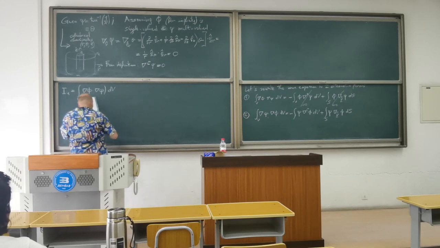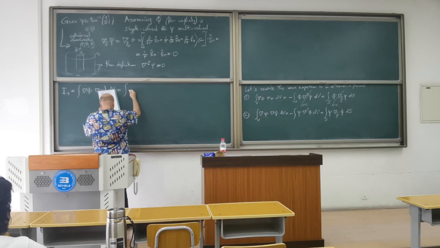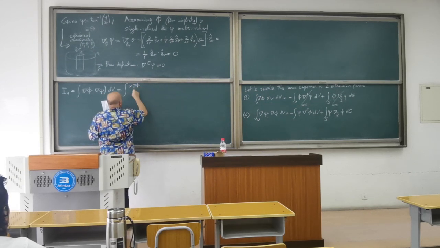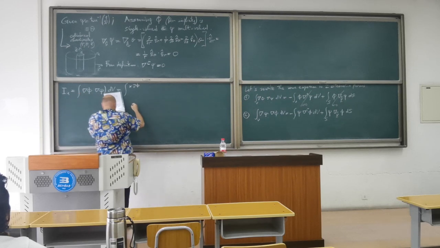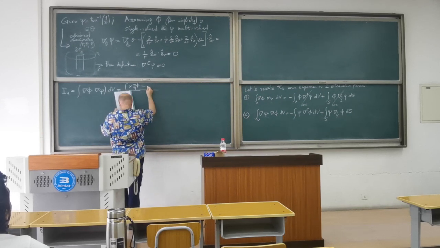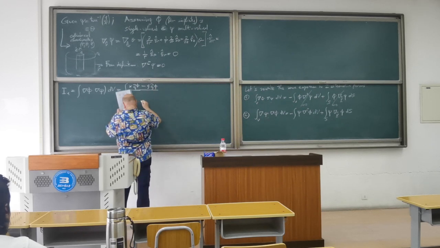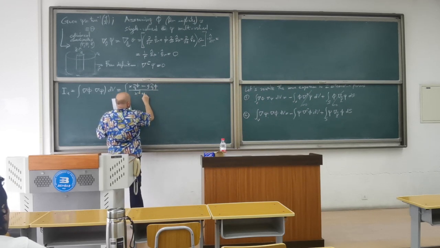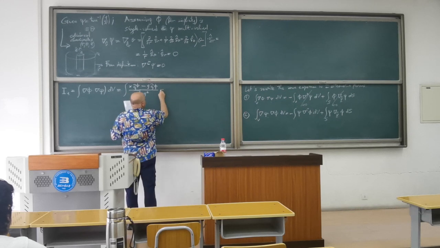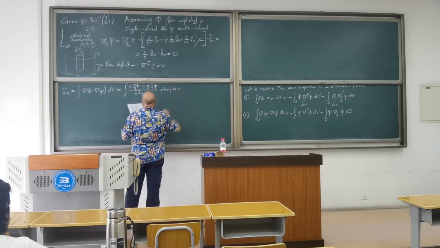Going back to Cartesian coordinates, this is x d phi over dx minus y d phi over dy, over x squared plus y squared, in dx dy dz.